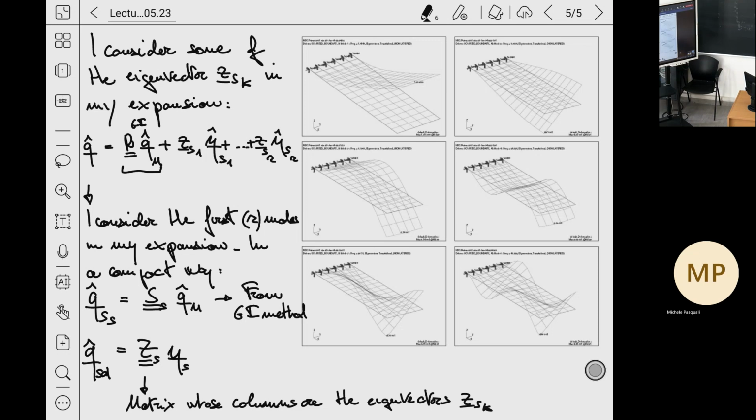And this is the vector of modal coordinates. And you see this is different from 0, typically. So it's not anymore the Guyan-Irons approximation.